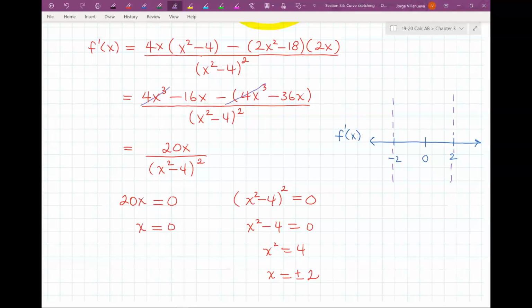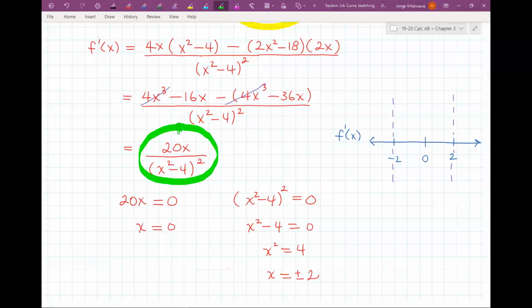So let's check out what happens before negative 2, between negative 2 and 0, between 0 and 2, and after 2. We're going to plug it into our derivative function. So let's plug in a negative 3.